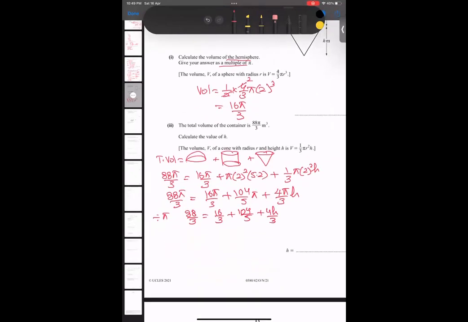Now what to do onwards? These both values will come here. And I'm directly calculating, and directly calculating means 88 divided by 3 minus 16 divided by 3, and minus 104 divided by 5. And I'm getting 16 over 5 equals 4h over 3.